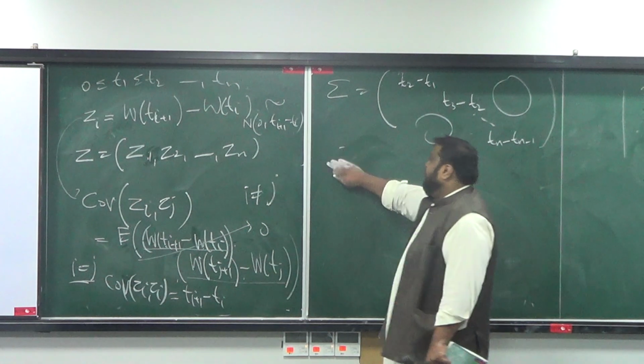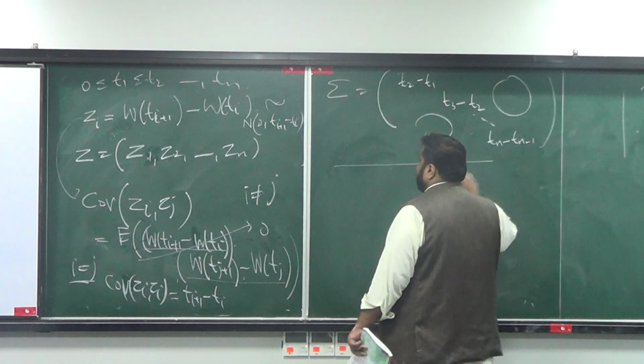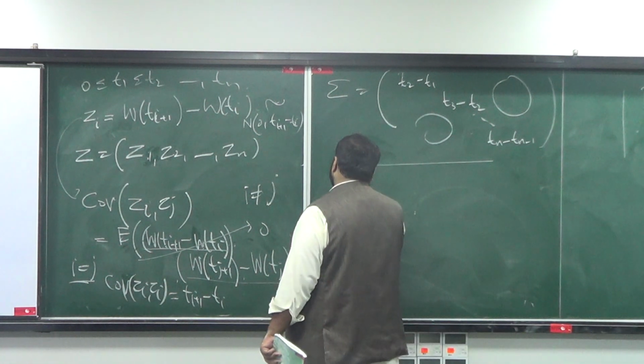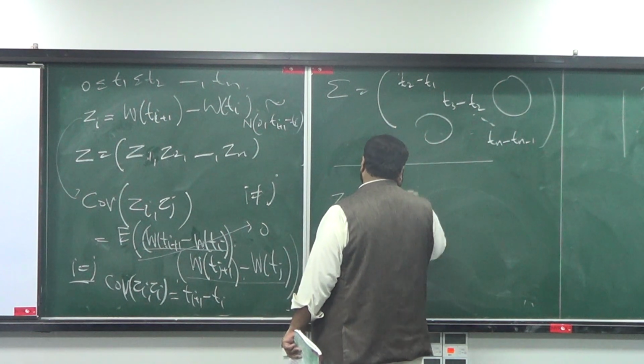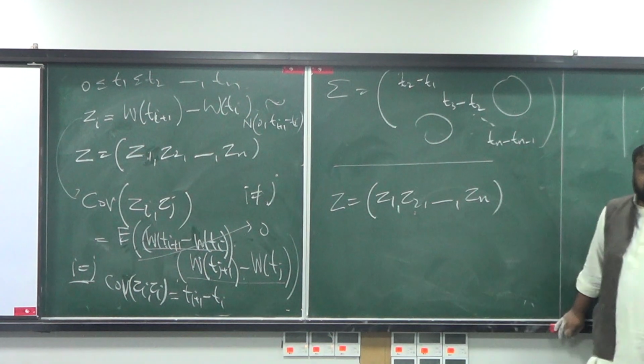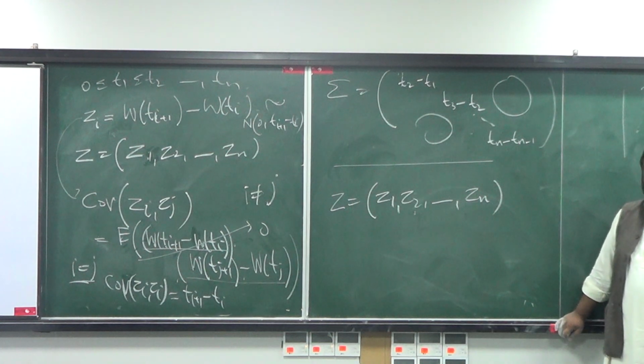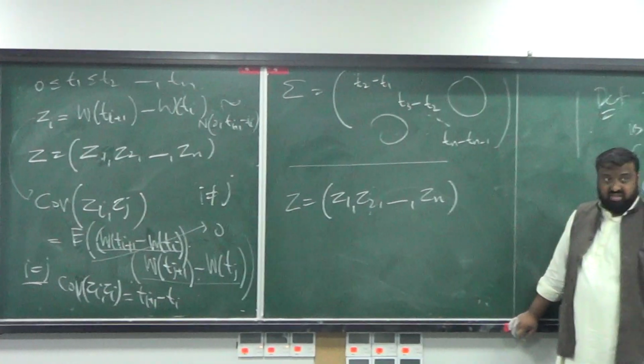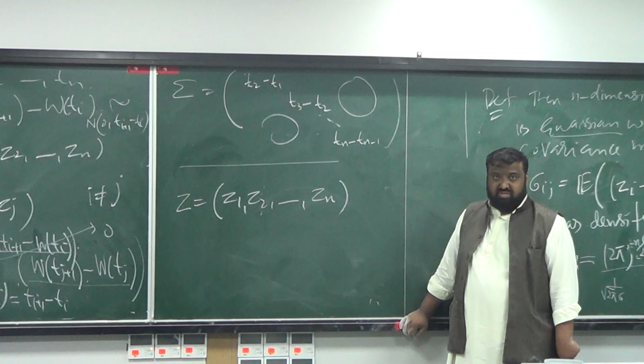So the question: can I talk about the joint distribution of this vector? Would that be normally distributed?